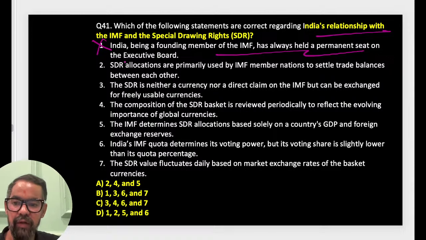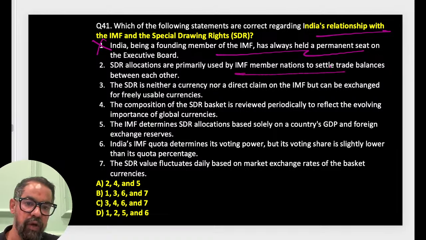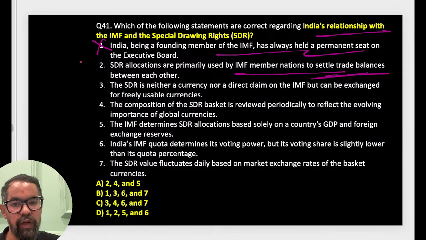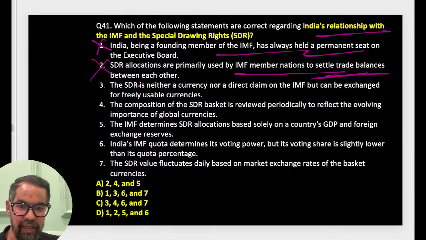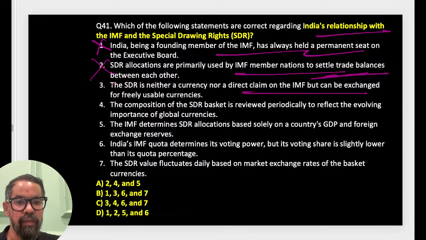True, we are the founding members. The SDR allocations are primarily used by IMF to settle. No, this is not for the trade balances. We do not settle trade by using this. The third statement: SDR is neither a currency nor a direct claim on IMF, but can be exchanged for freely usable currencies. True.